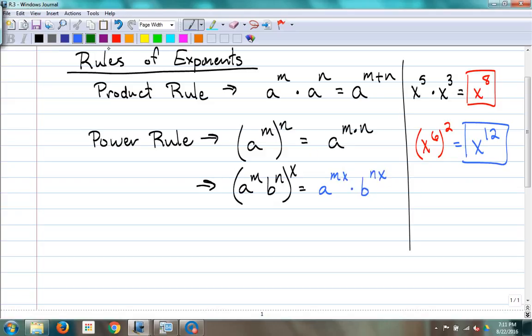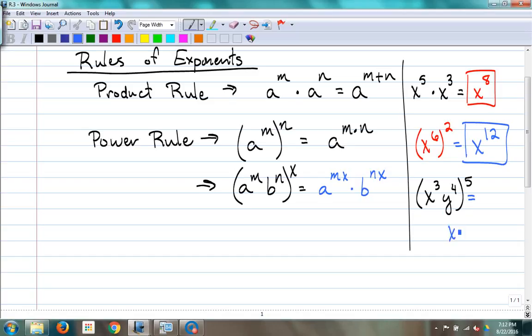An example of that might be that you have x to the 3rd, y to the 4th, in parentheses to the 5th power. So that would be x to the 3 times 5, which is 15.